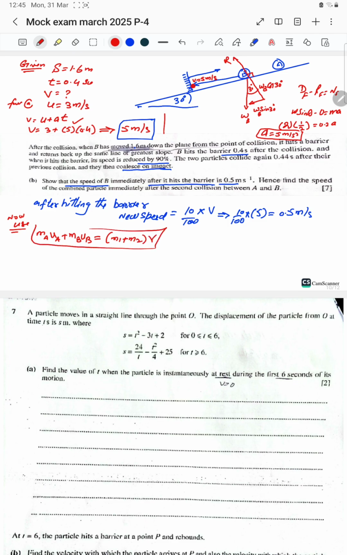We will use this because it is clearly mentioned that in the second collision they collide, and between A and B the combined speed we have to find.